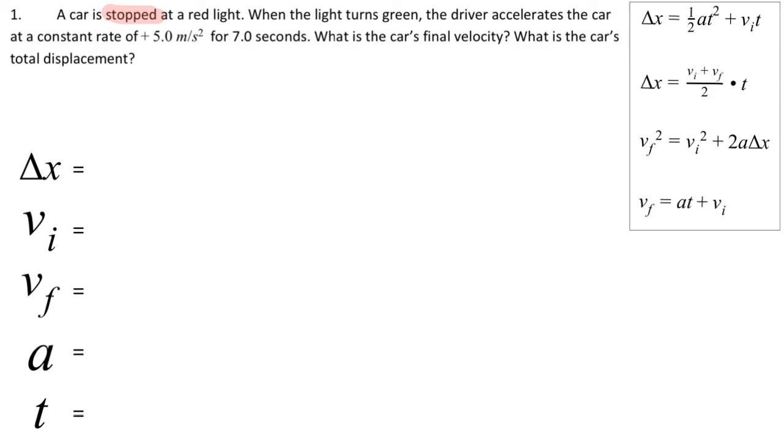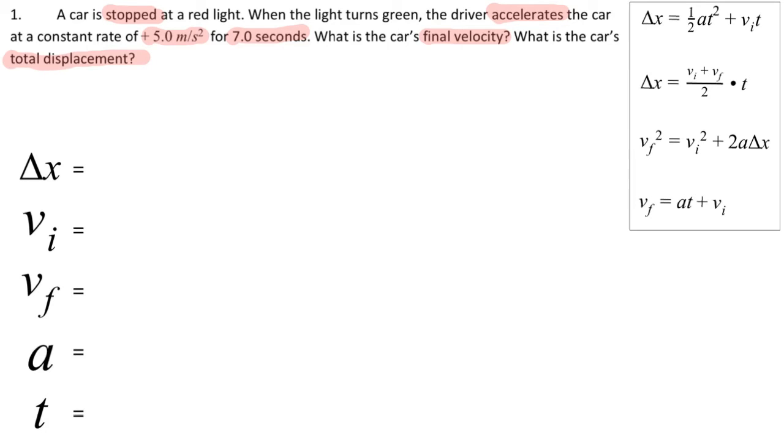When the light turns green, the driver accelerates, highlight accelerates, the car at a constant rate of 5 meters per second squared for 7 seconds. What is the car's final velocity, and what is the car's total displacement? Feel free to pause the video to reread it a couple more times.